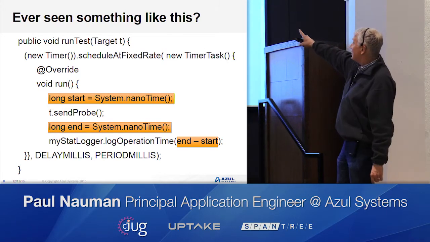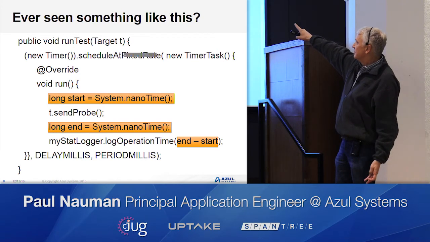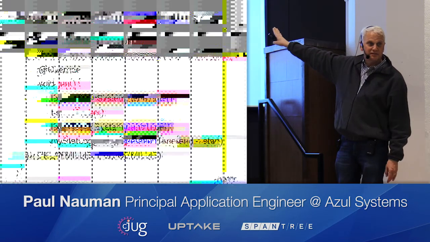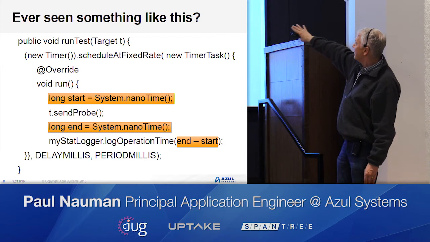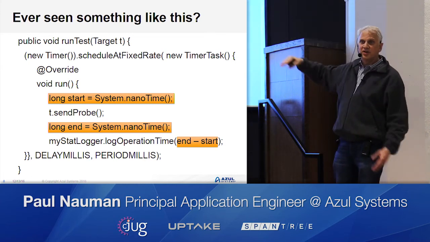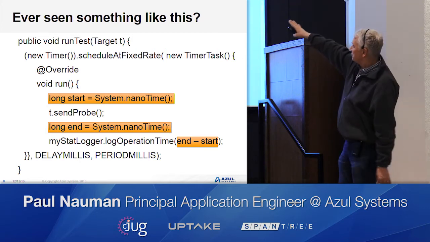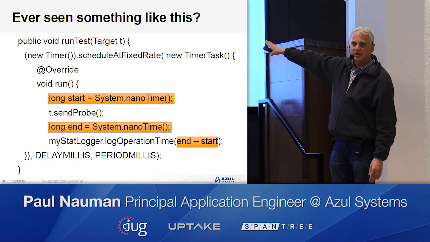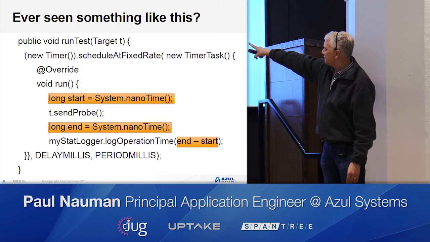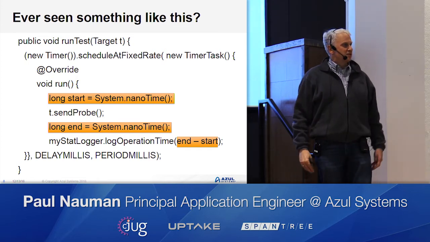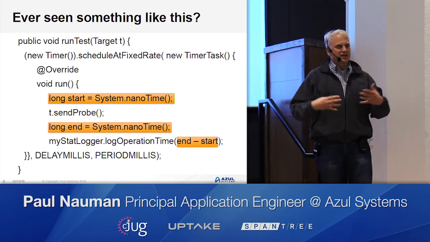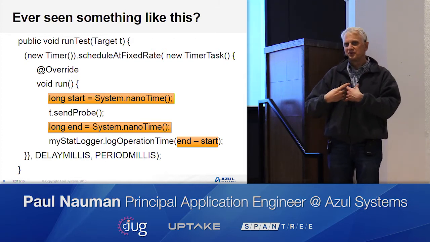So what we have here is a method that's testing a target, T, and we have a timer that's going off at a periodic rate, every 10 milliseconds or something. And every 10 milliseconds, it's sending a probe to T, right there in the middle of the slide, T send probe. So we want to know how long these operations are taking. This is a classical measurement approach, right?